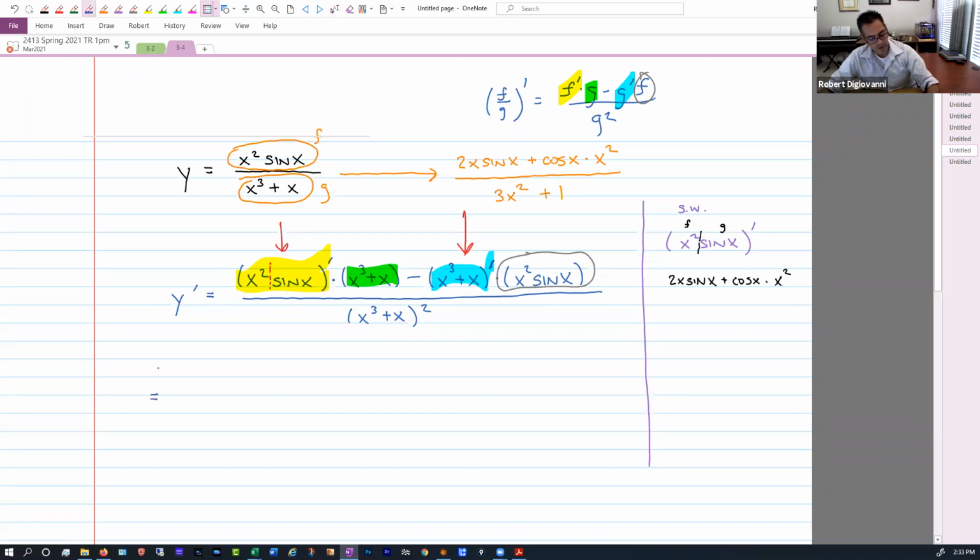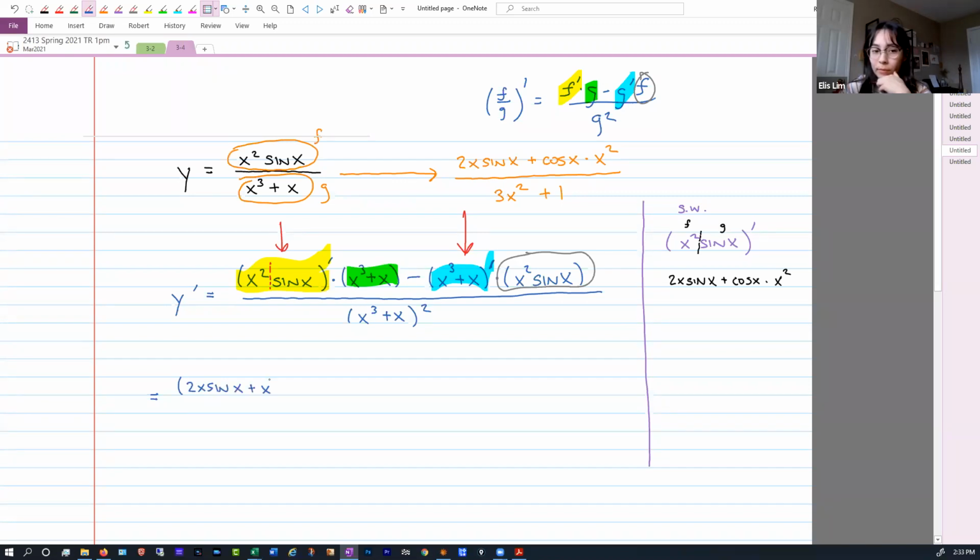So Elise, do you want to give us the final version? Sure. Let's just read it out. What do you got? In the numerator, between parentheses, since we're multiplying, it will be 2x sine x plus x squared times cosine x. And then that all will be multiplied by x to the third plus x. And then minus x squared sine x.